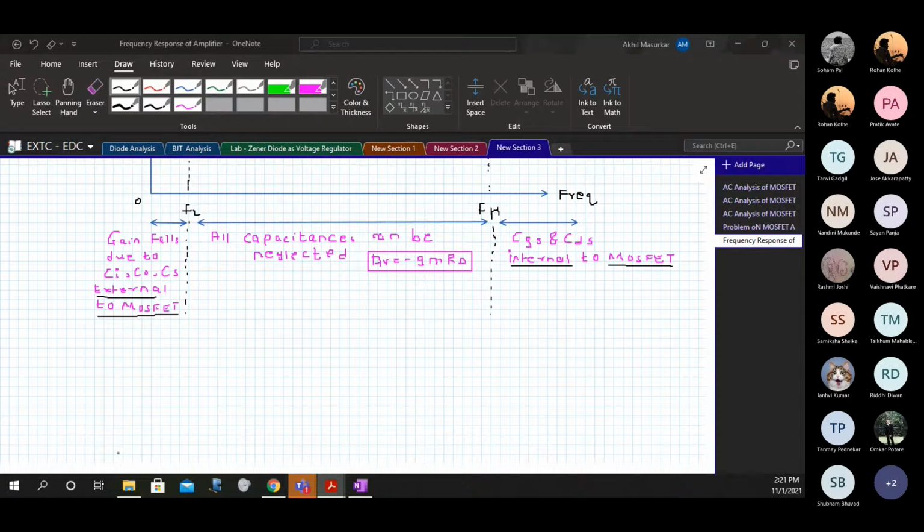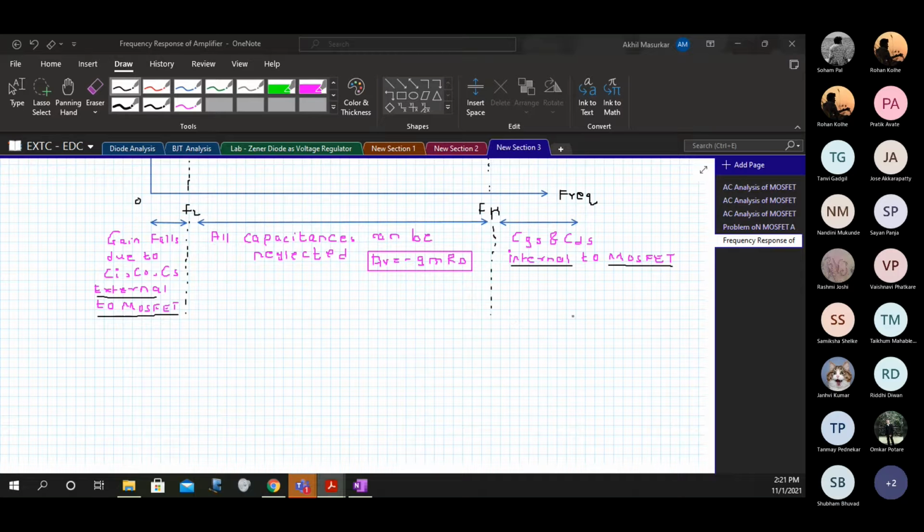They will offer some impedance, because of that the currents will decrease, the voltage drops will reduce, and overall we get a reduction in the value of the gain.